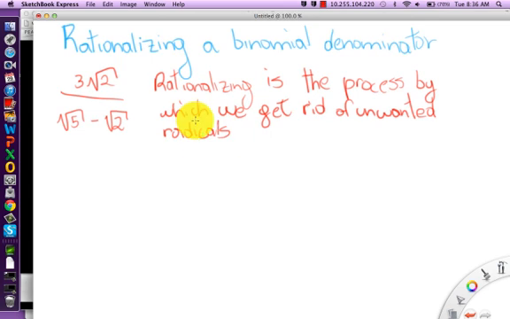So we're going to rationalize the denominator, and notice that in the denominator this time we have a binomial because we have 1 and 2 terms.